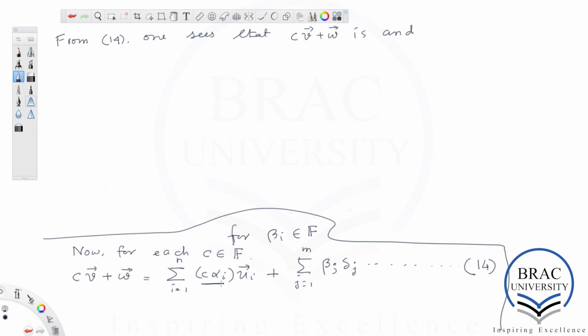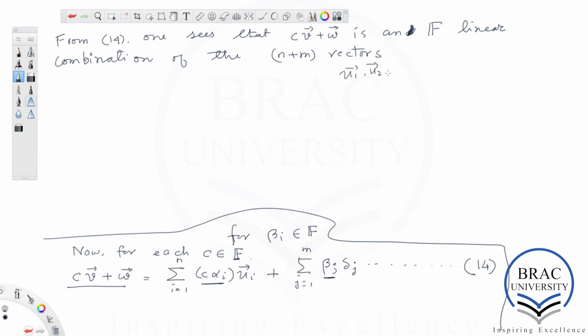Here c alpha i is in F, and also the beta j's are in F. So cv plus w is an F linear combination of the n plus m vectors u1, u2, all the way up to un, s1, s2, all the way up to sm in the set S.